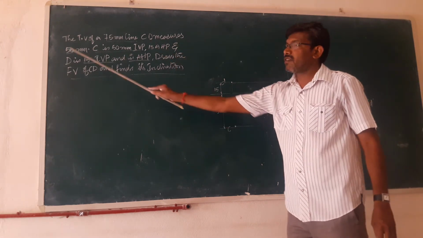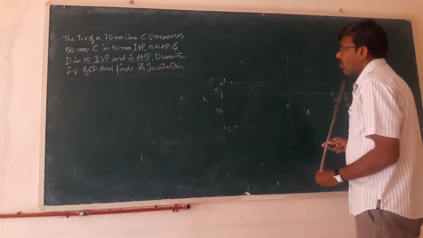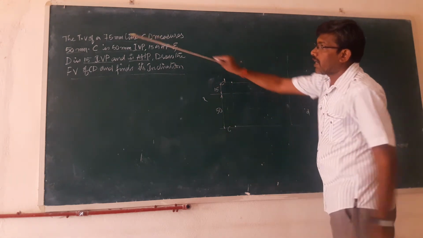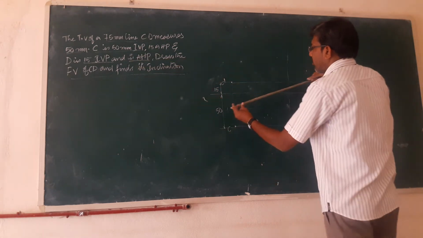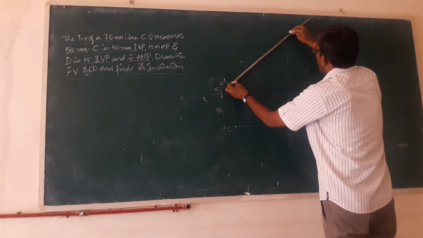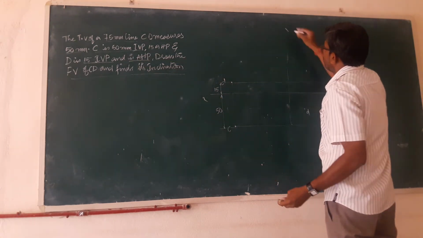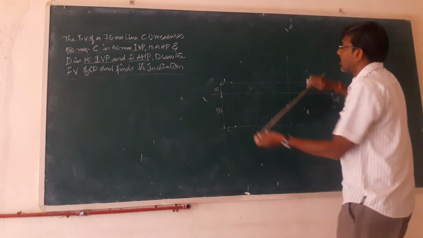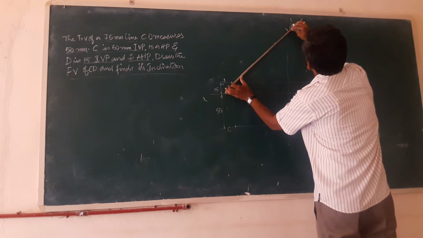This is CD measures 50 mm. So from C dash, I'll take the length of a line as 75 and simply I'll make a mark here. So now this is nothing but D dash and this is a line.